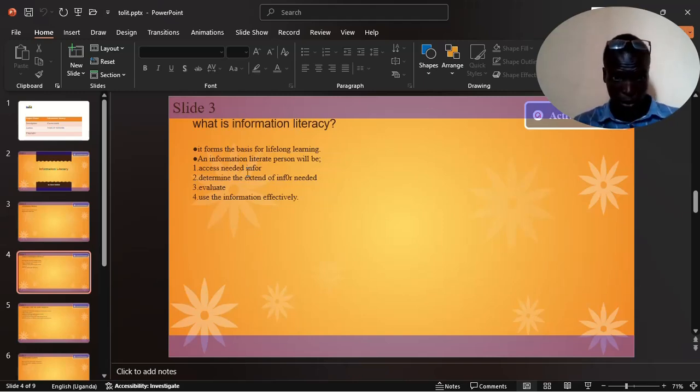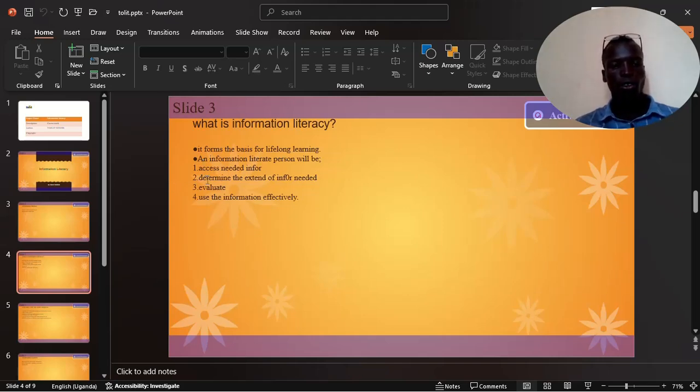So an information literate person will be able to do basically four things. One is you'll be able to access the needed information using different strategies that will be available to get the information you need.